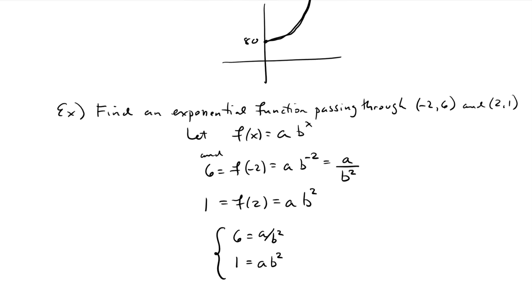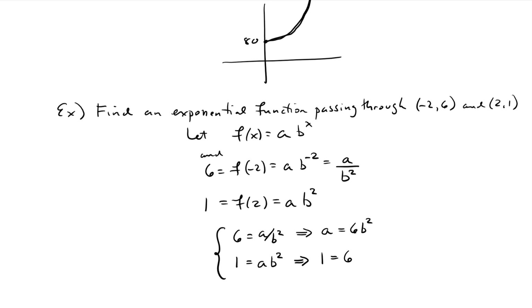So there are many ways to solve this. What you can do when you have two equations and two unknowns is try to use one of the equations to solve for one of the variables. We can see that here it's pretty easy to solve for a, like that. And then you replace a by 6b squared in the other one.